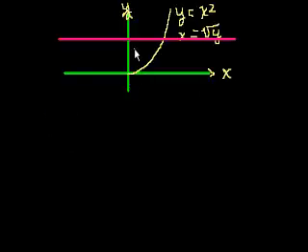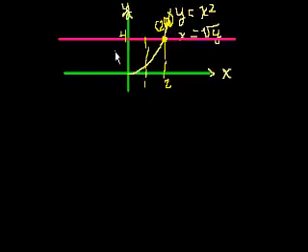Let me pick the area between x is equal to 1, that's that point, and x is equal to 2, where they intersect. This is the point 2, comma 4, because y is equal to x squared.